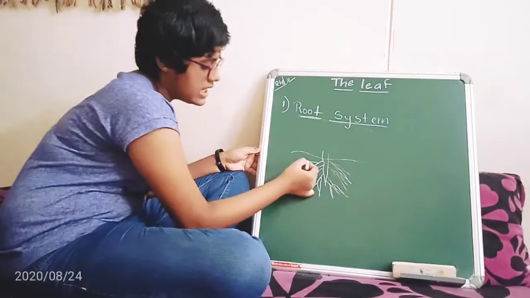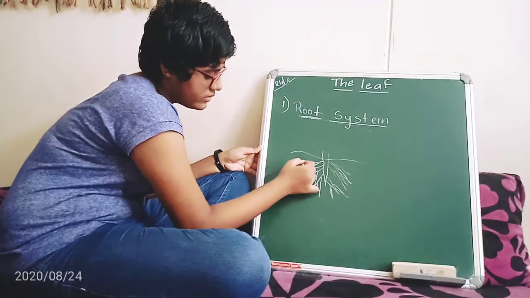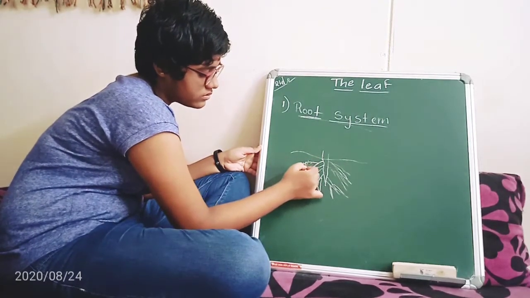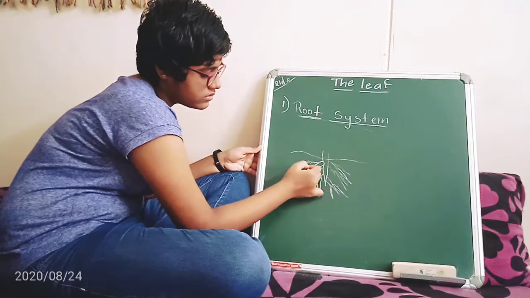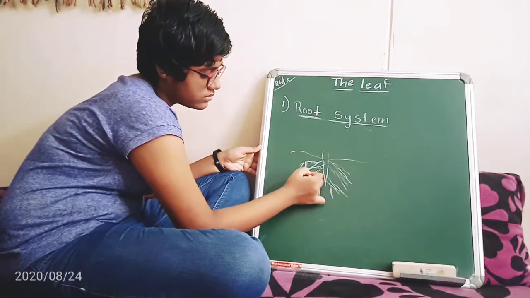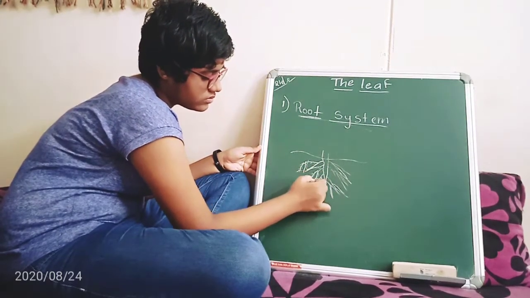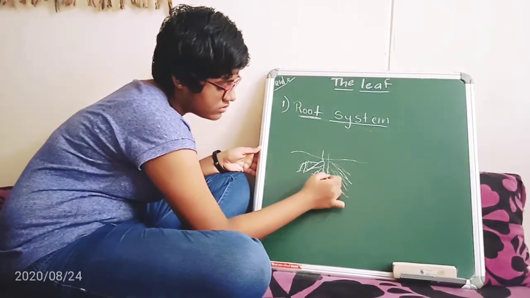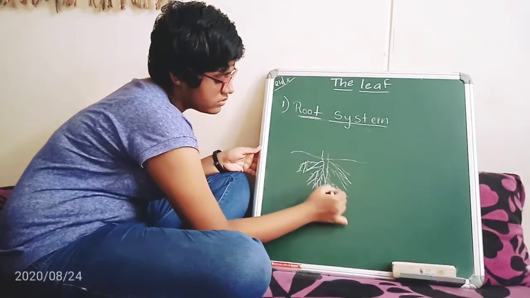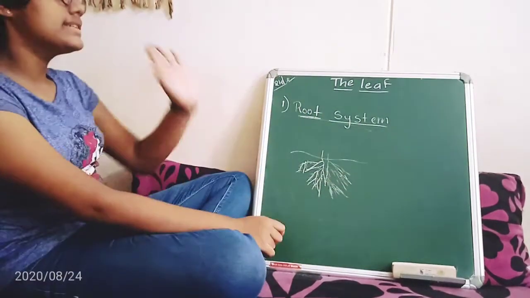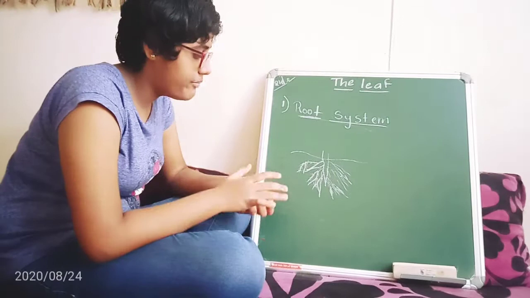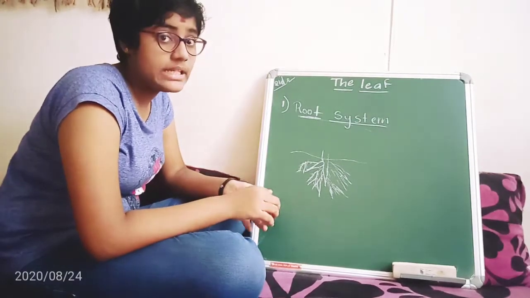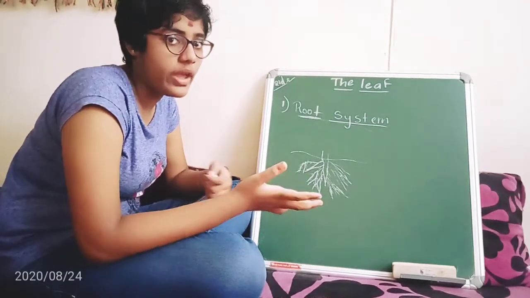Now again for these small ones, this is the root, the actual root. If my drawing is illegible, please don't scold me, okay?